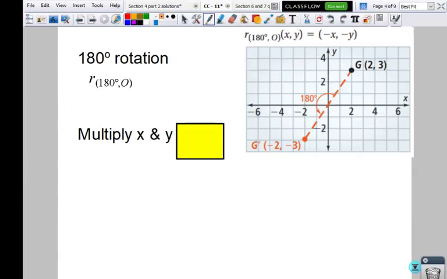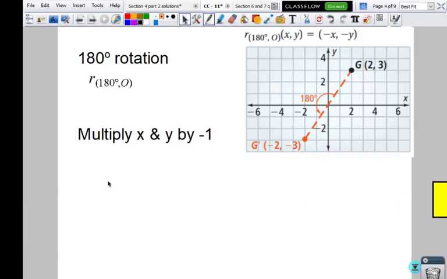Alright, the other one we're going to look at is a 180-degree rotation. And just like last time, little r's rotate 180 degrees, the weird O is origin. And a 180-degree rotation is easy. You take your x and y, and you multiply them both by -1.